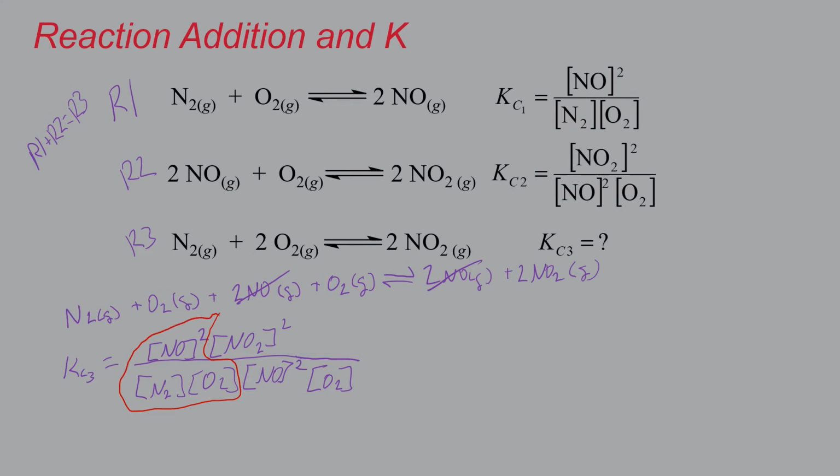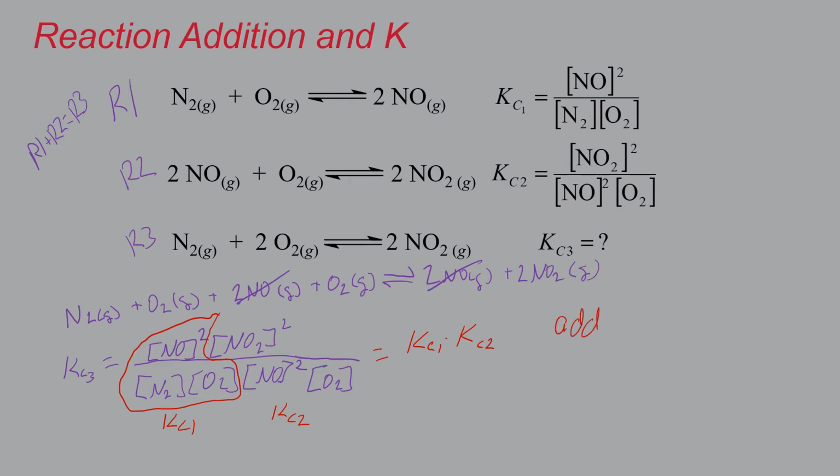We have NO squared divided by N2 divided by O2, which happens to be Kc1. And over here on the other side, we've got NO2 squared divided by NO squared divided by O2, and that happens to be equal to Kc2. So this expression is the product of the reactions.